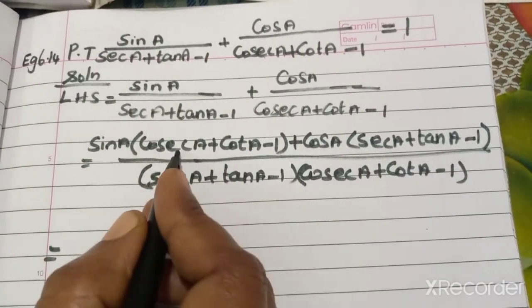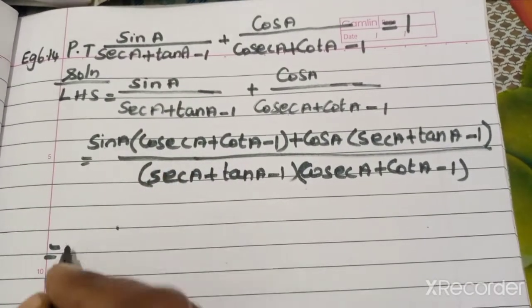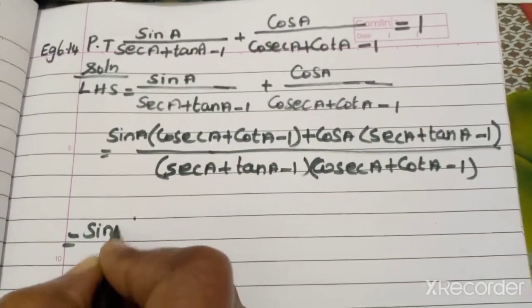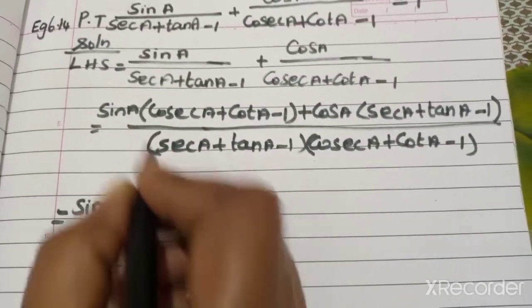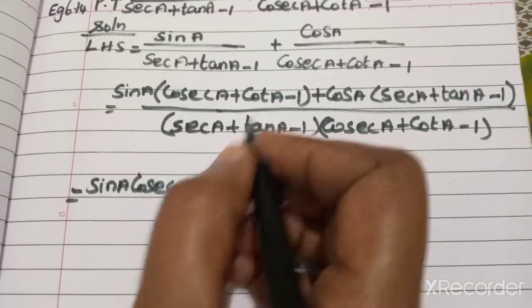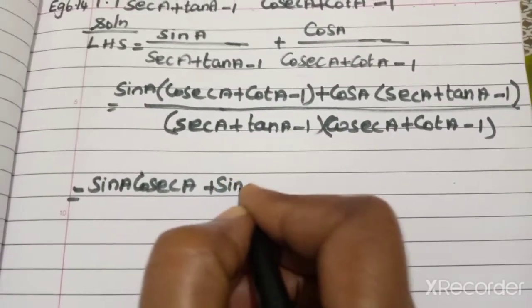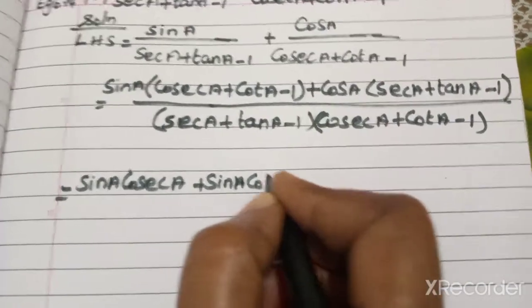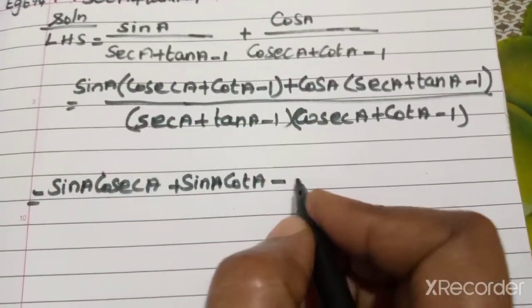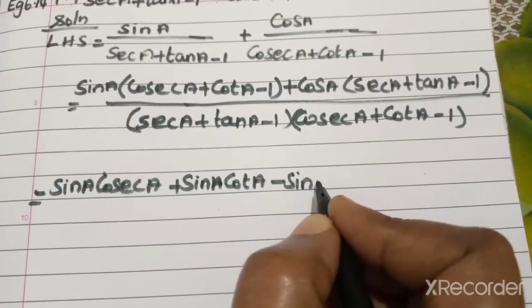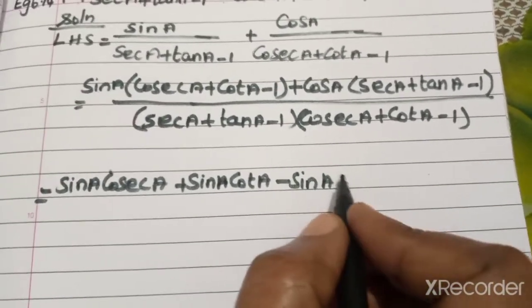So sin A into cosecant A first term, sin A into cosecant A plus sin A into cot A, sin A into cot A, minus is there, minus 1 into sin A is sin A, close the bracket.